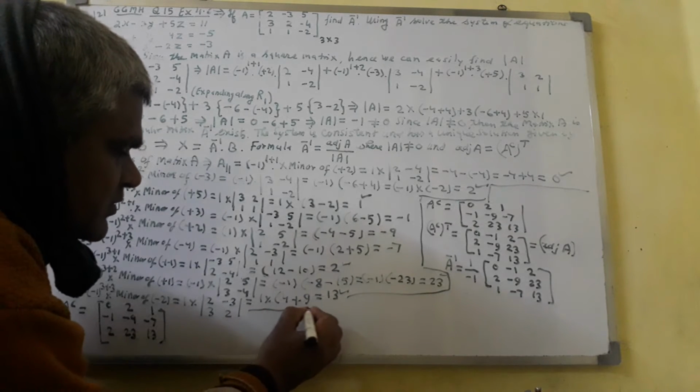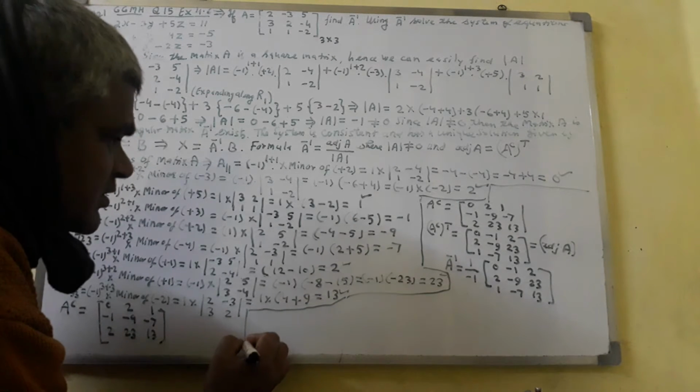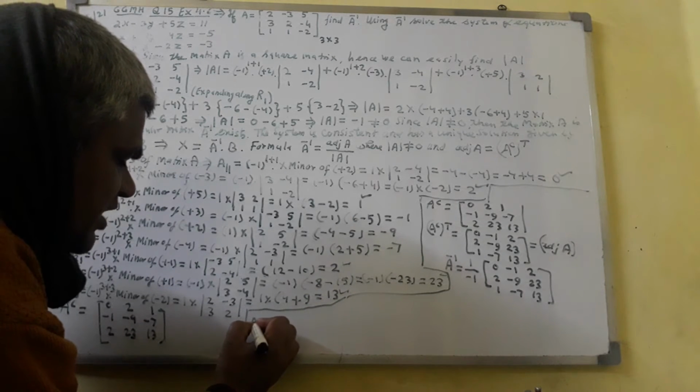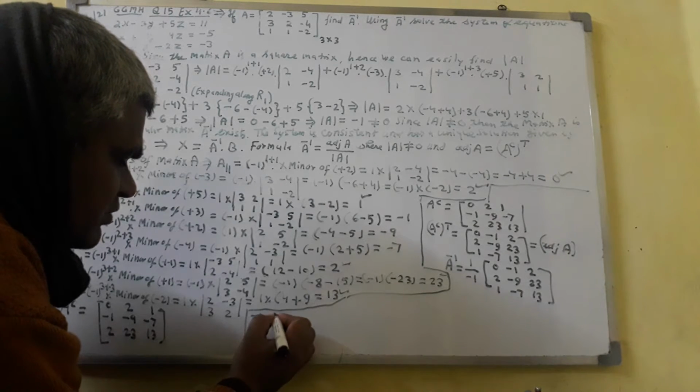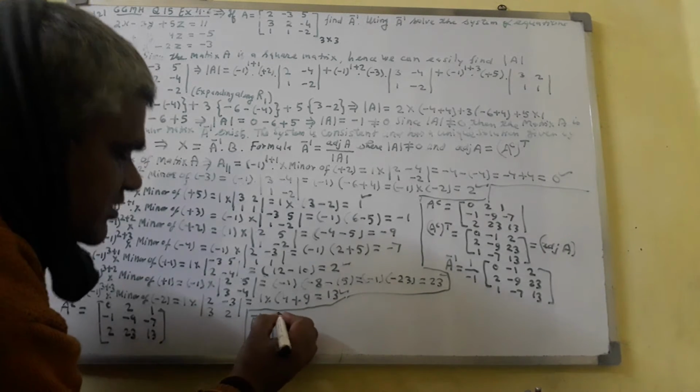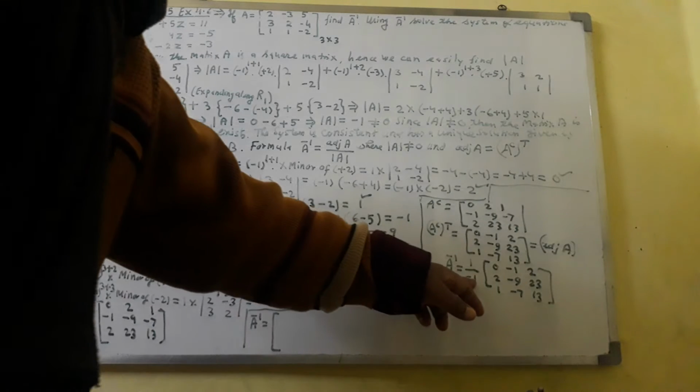Here I shall write A inverse. Matrix A inverse you have got. Here you will get -1.